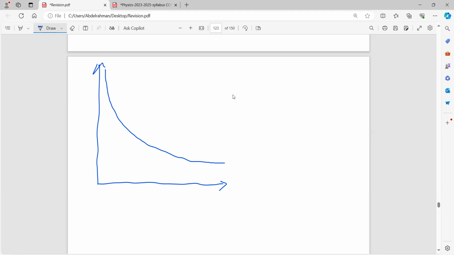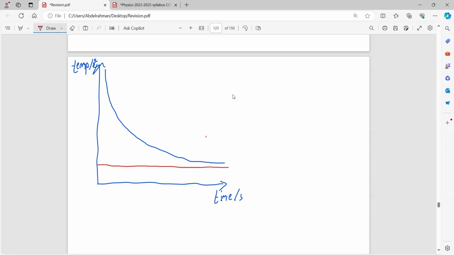You could draw the graph, worth 4 marks, whatever, and this is the temperature in degrees Celsius, and this is the time in seconds. And from this graph, he could tell you, estimate the room temperature. How can I find the room temperature?